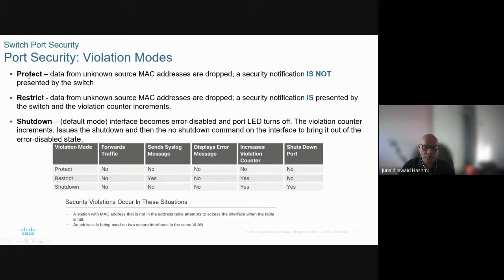The first one is called protect. Data from unknown source MAC addresses is dropped. So the data will just be dropped, there will be no access, but there will not be any notification. The switch will not send any notification.